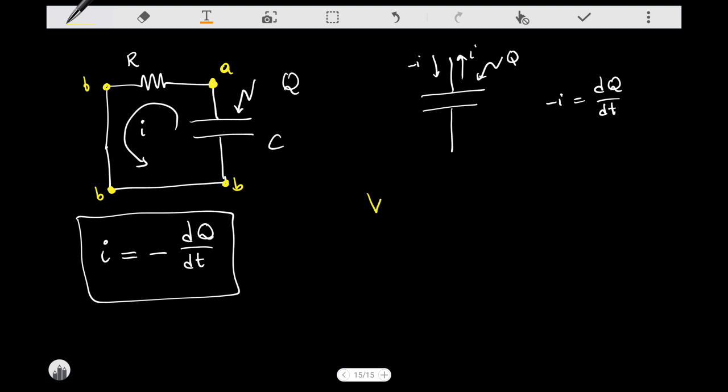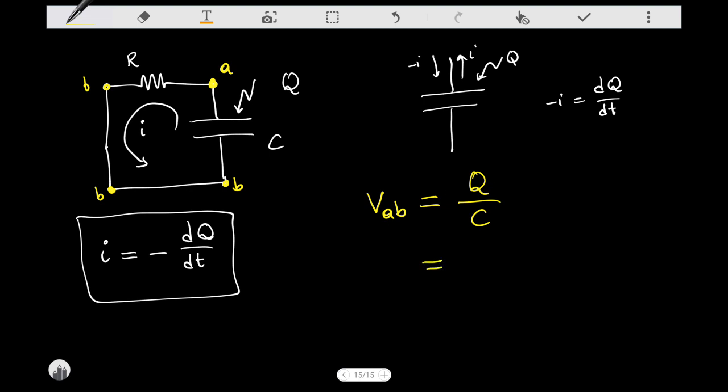So I need to compute the potential difference between A and B. I can compute this potential difference by going over the capacitor or going over the resistor. If I go over the capacitor, I know that this is equal to Q over C, because this is how we express the charge versus potential difference relationship on a capacitor.